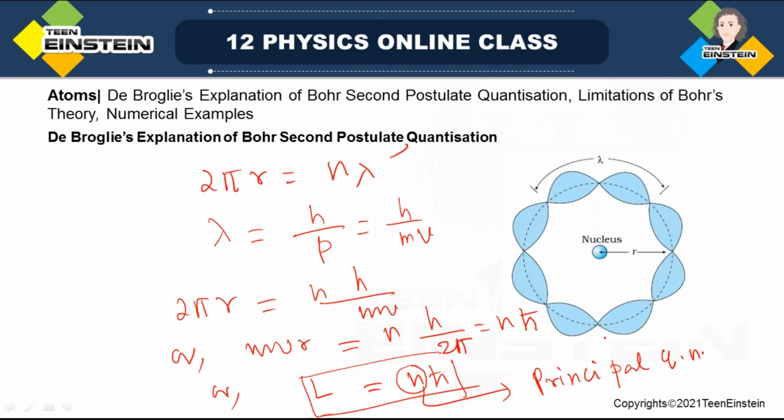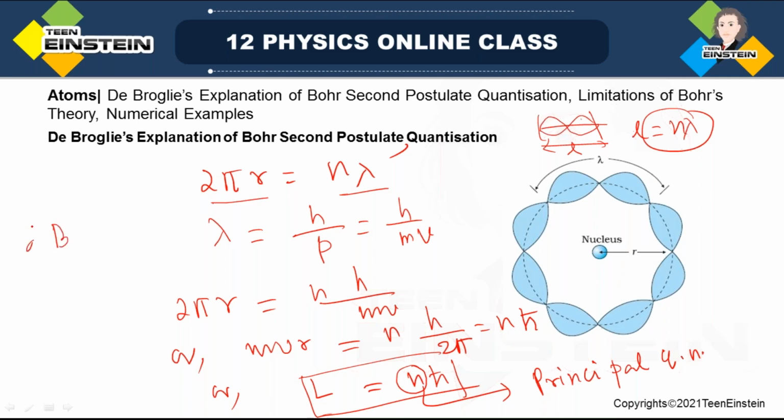That resonance condition can be stated in comparison with stationary waves at resonance in a string, if you remember from 11th standard. This condition is satisfied if the length L is an integral multiple of λ. If this is satisfied, then the orbit will be a stationary orbit. So that is 2πr = nλ.